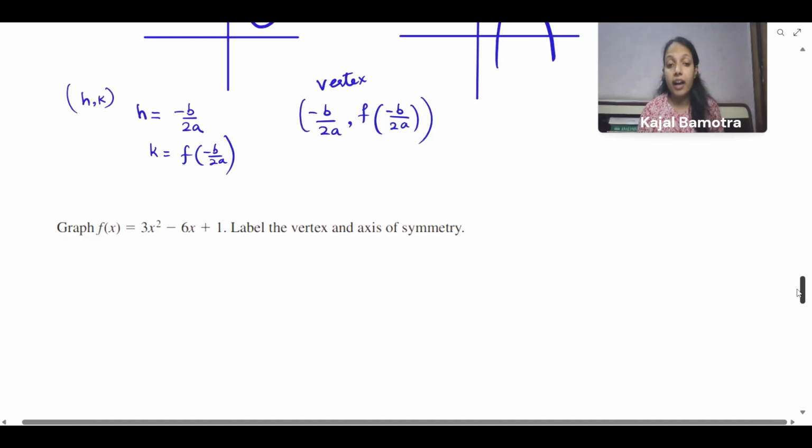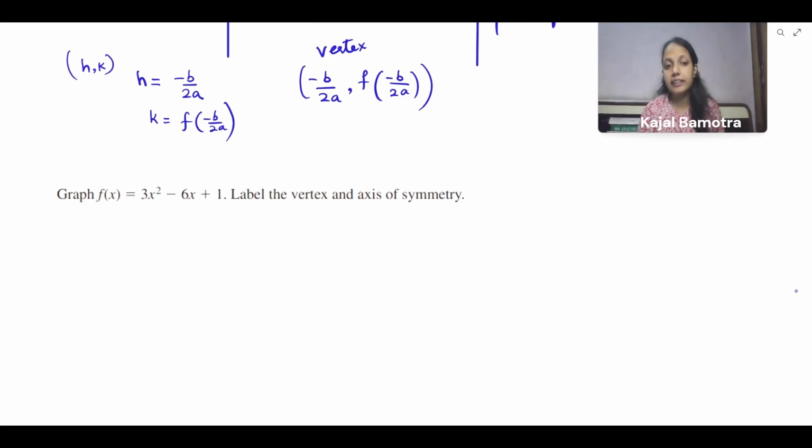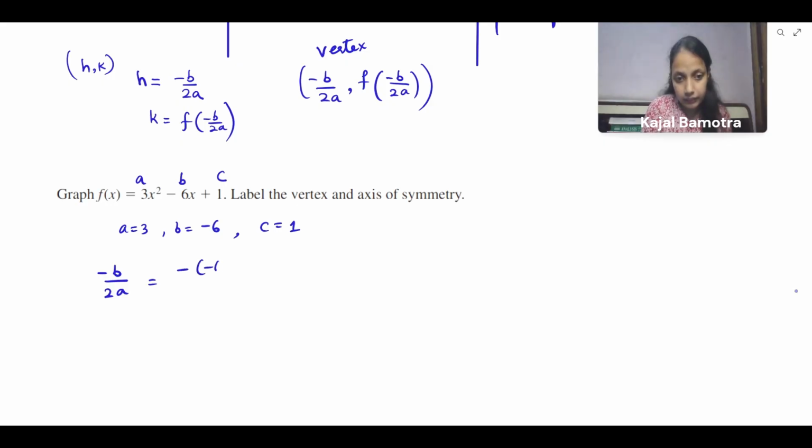Next, graph this, label the vertex and axis of symmetry. First, I am going to calculate the vertex. This is a, this is b, and this is c. a is 3, b is negative 6, and c is 1. Minus b over 2a, minus b over 2 times a.